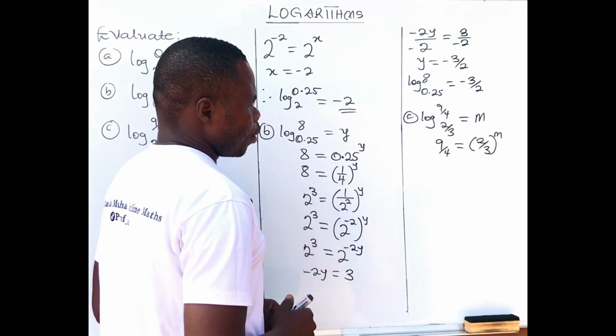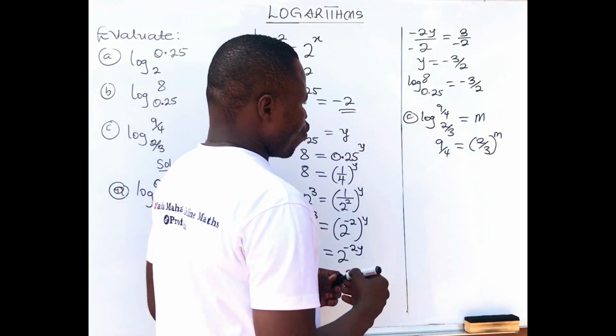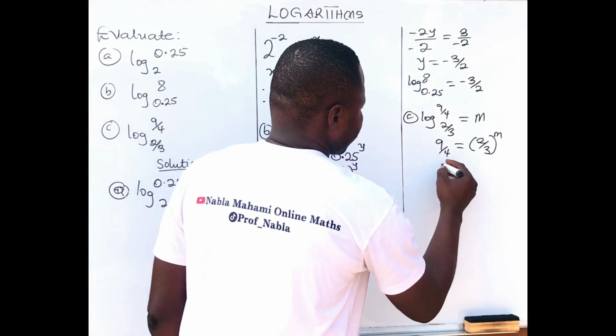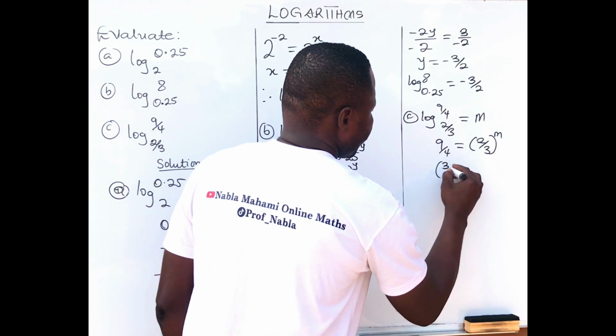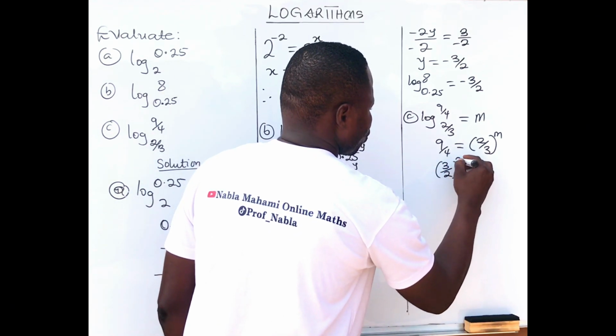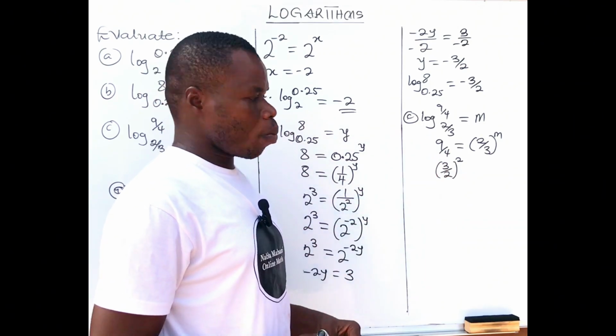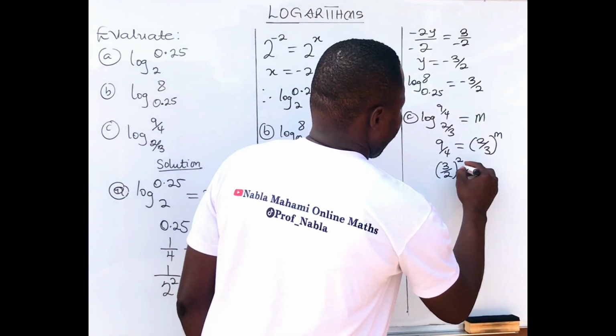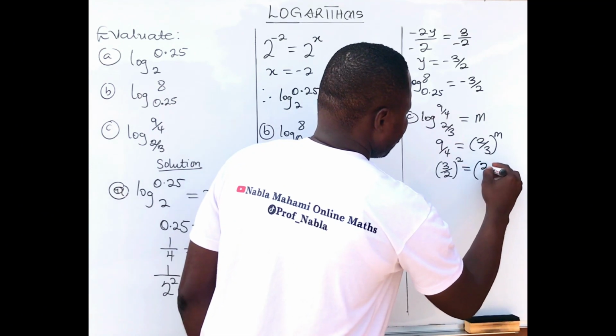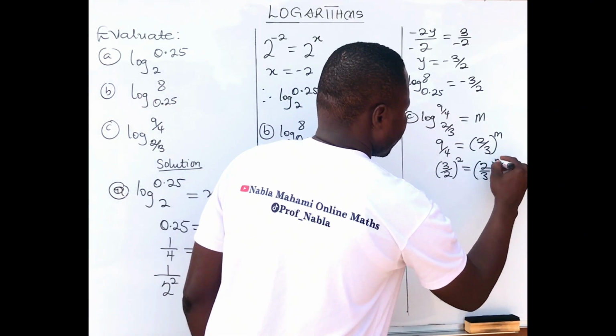And from here, this 9 over 4 is the same thing as 3 over 2 all square, because 3 square is 9, 2 square is 4. And here, I'll maintain 2 over 3 all exponent m.